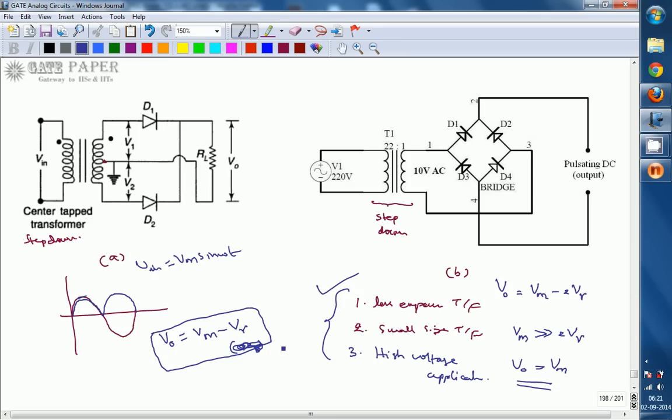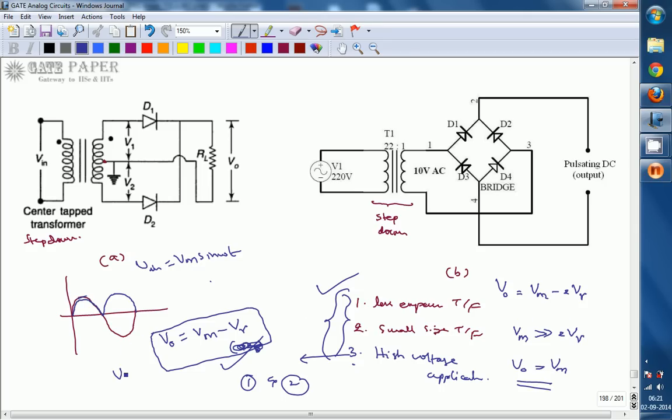advantages for the full wave rectifier with 4 diodes. Even though the third one is more advantageous for 2 diodes, it is also used for 4 diodes. So 1, 2, 3 all are advantageous. Since you are comparing only 2 diode and 4 diode, you can say that 1 and 2 are the only advantages, and the third one is a little bit of a disadvantage, because here you are subtracting a single V gamma, whereas there you are subtracting 2 V gamma.